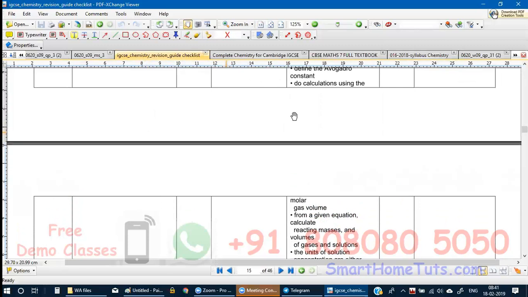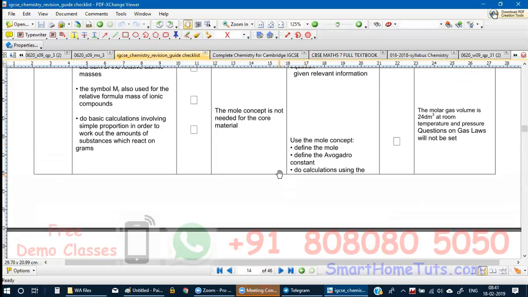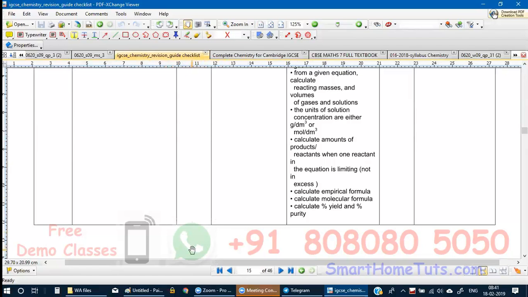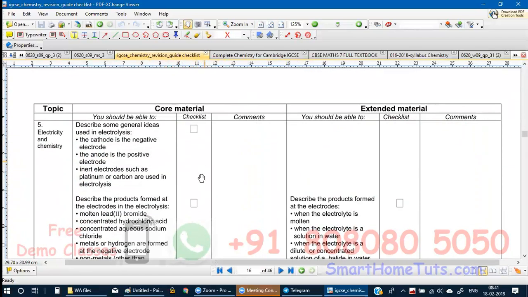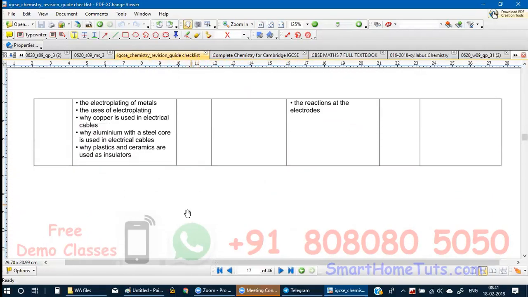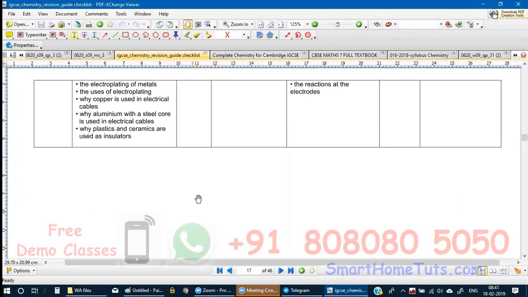For writing ionic equations, you will have to write all state symbols. In mole calculations, you write proper units. You've done all of these several times.